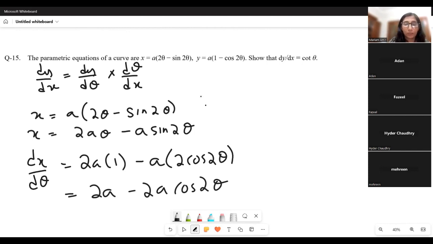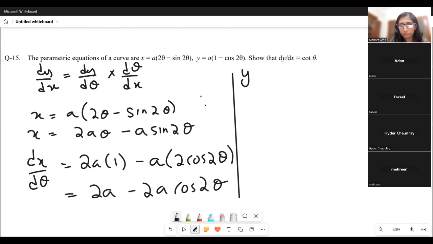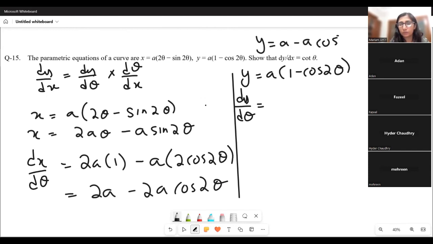Okay, now we differentiate y with respect to theta. That's going to be dy over d theta, let's write y as a minus a cos 2 theta.